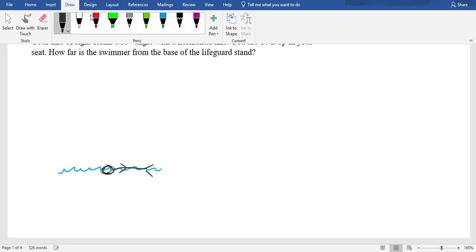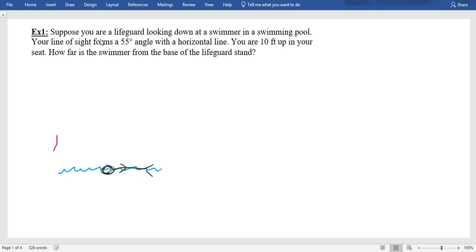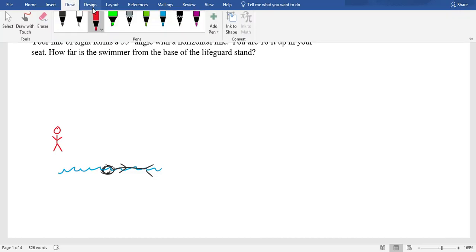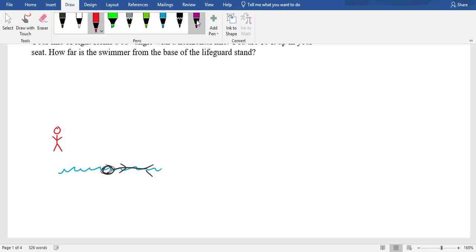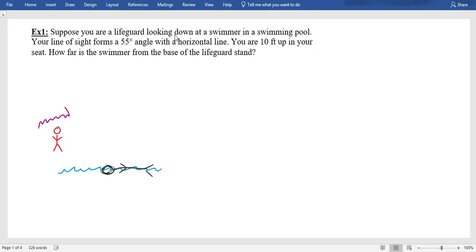And then a lifeguard. I think they wear red sometimes, right? So here's a lifeguard. And maybe there's a big umbrella over the lifeguard as well. That way they don't get too much sun on them during the day.